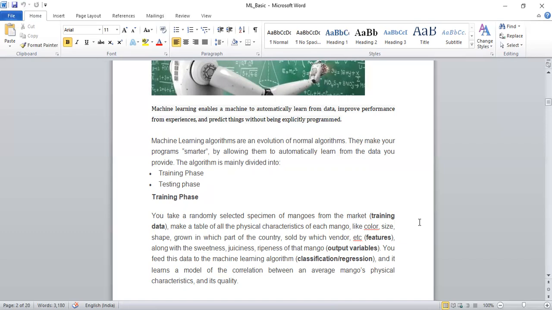Those are your output variables. These are the things which you have to check.